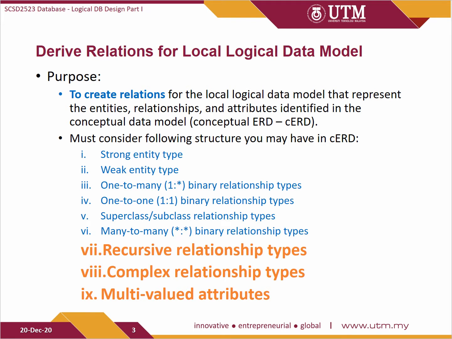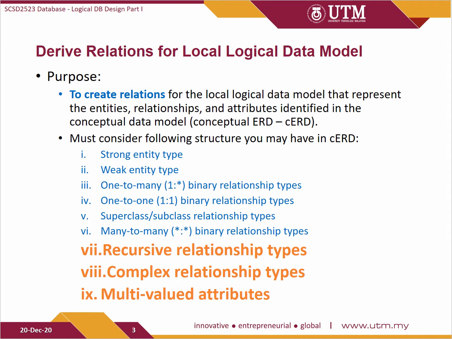As I have mentioned earlier, for today's class, we're going to touch on Logical Database Design Part 1b. I assume that you have done revision on Logical Database Design Part 1a. For Part 1a, you have learned 6 structures that have been found in CERD, or we can call it the conceptual data model, to create relations for the logical data model.